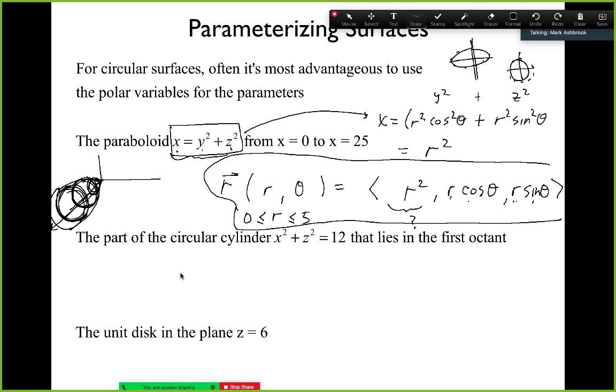Okay, one more, quick. It's a cylinder. x squared plus z squared equals 12. That looks like this, right? It's a cylinder down the y-axis. What are our two variables going to be? R and theta again?